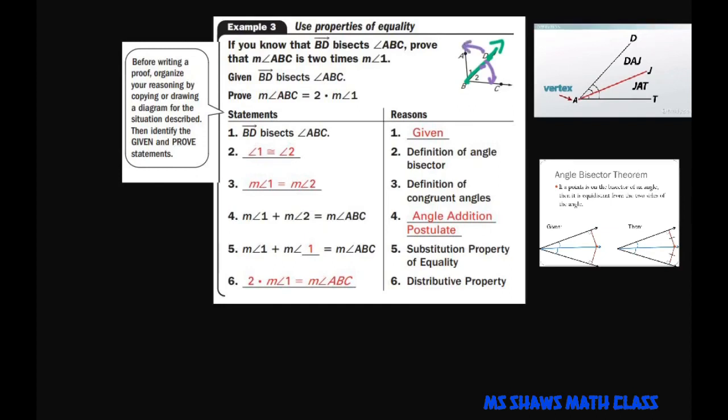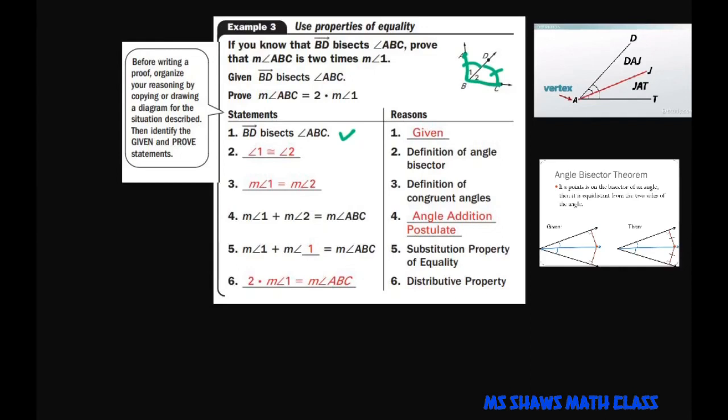So we need to prove that the measure of angle ABC, this whole angle, equals 2 times measure of angle 1. So I'm going to rearrange this a little bit. This is measure of angle 1, measure of angle 2. So what we got to prove is that measure of angle 2 equals measure of angle 1.